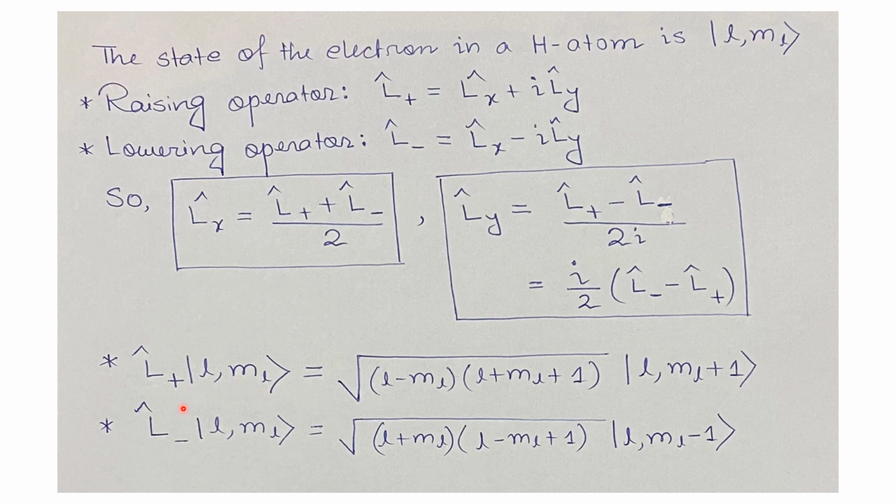That's why it is called the raising operator. And when the L- cap operator acts on the state |l, ml>, it will give root over (l plus ml) times (l minus ml plus 1), times the state |l, ml minus 1>. So basically this operator L- acting on the state |l, ml> is lowering the value of ml by 1. That is why it is known as the lowering operator.